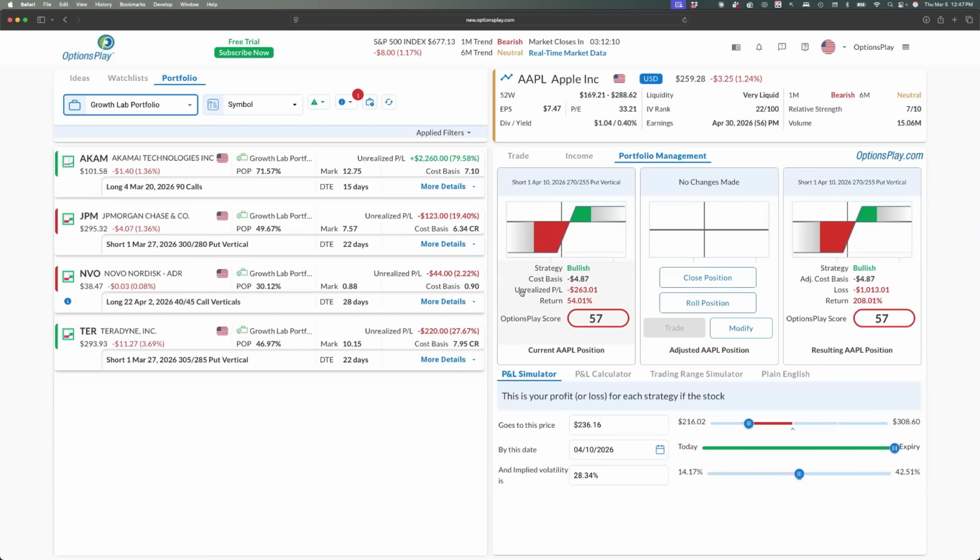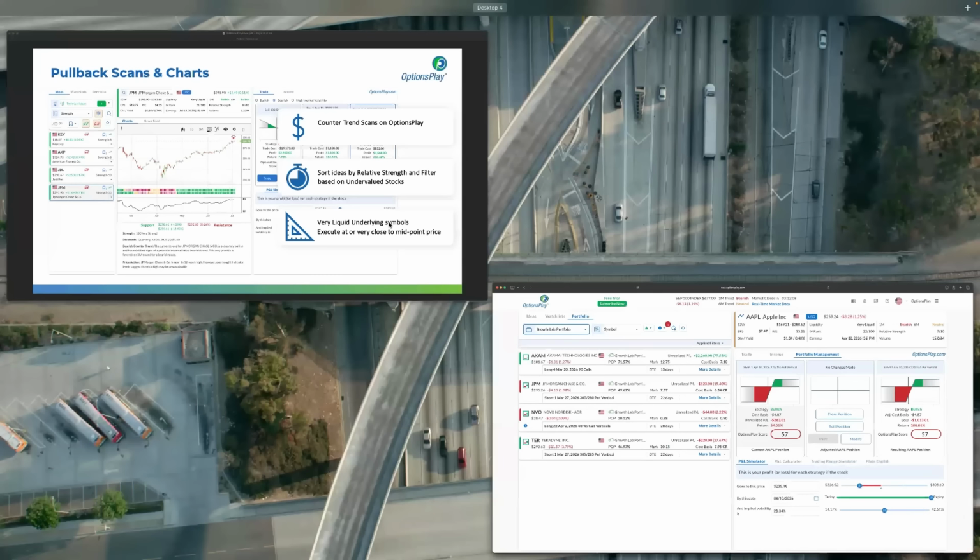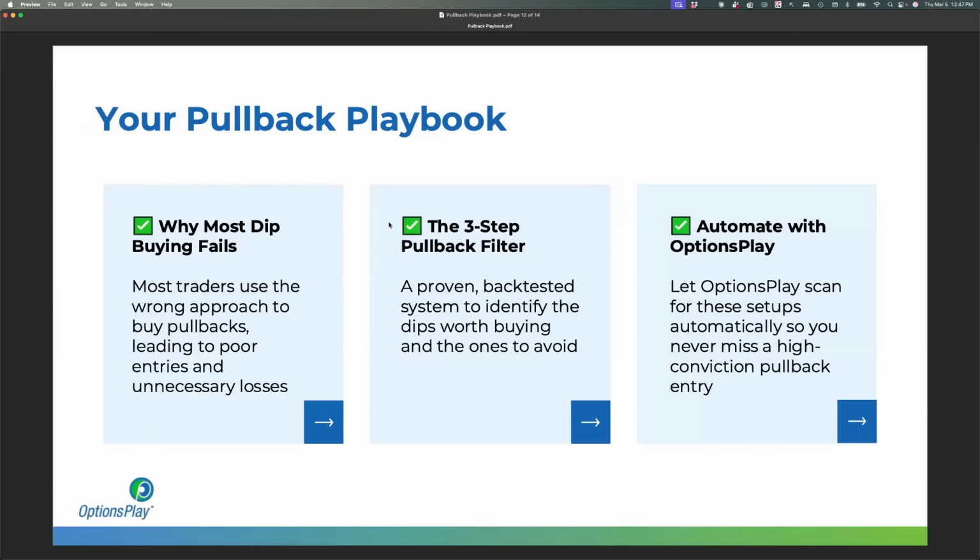And with that, that covers what I wanted to share with you here today. So your pullback playbook: you want to make sure that you have a set process for identifying these dip opportunities because most of them fail, right?